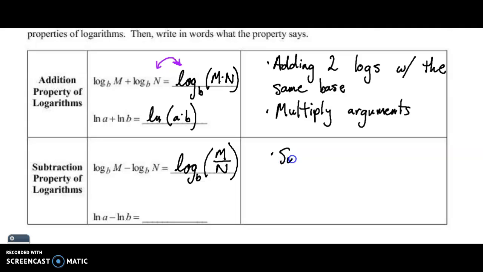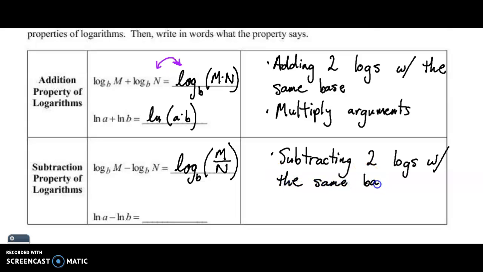So if we're subtracting two logs, notice that I have to say it has to be the same base, as if we have different bases, we cannot do that. Then we divide those arguments. And again, just like before, we could expand. We could go the other way as well.